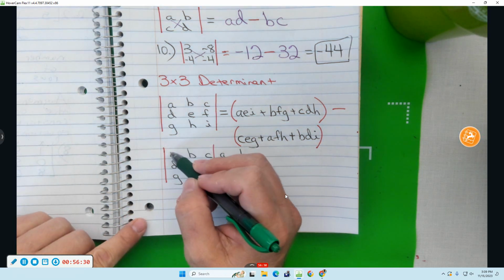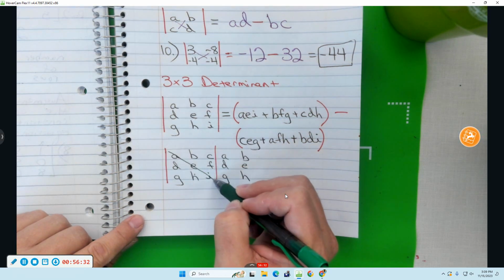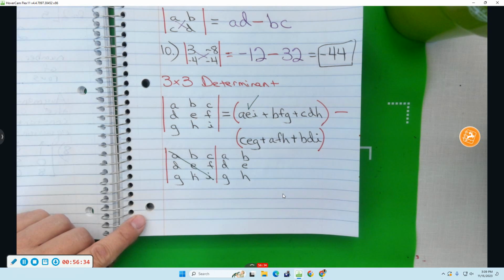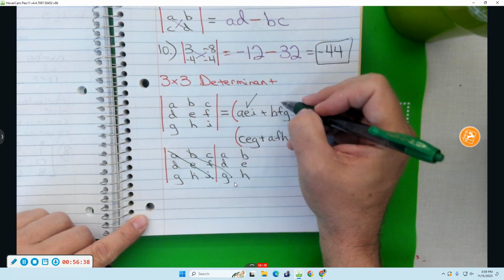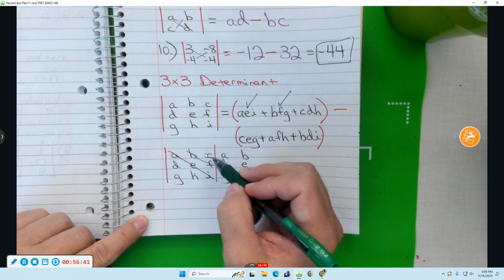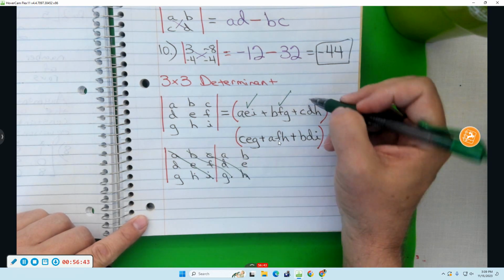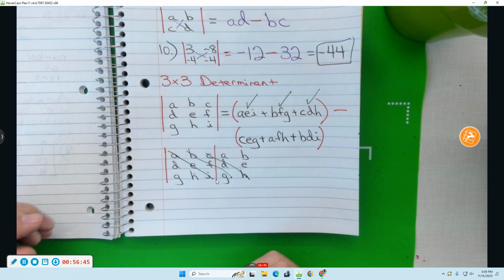You move down the diagonal: A times E times I. There's that product. B times F times G. There's the second one. C times D times H. There's the third one. So multiply, multiply, multiply.